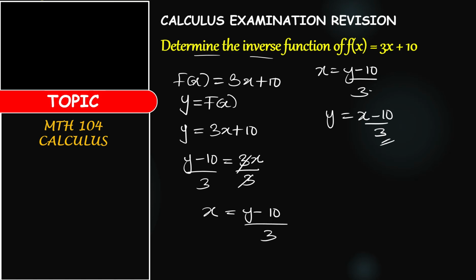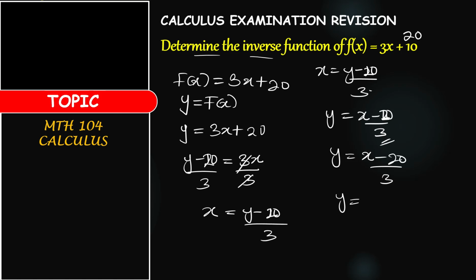This is 20 here, not 10, so please correct that. So if here is 20, it means here will be minus 20. So our answer now will be x minus 20 divided by 3.